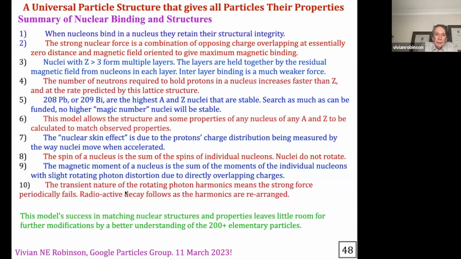The transient nature of the rotating photon harmonics, in that they pop into and out of existence, means that the strong force periodically fails. That depends upon the structure, and then radioactive decay follows as the harmonics are rearranged. I respectfully suggest that this model's success in matching nuclear structures and properties leaves little room for further modification by a better understanding of the 200 plus elementary particles that have been detected, muons and pions excluded.